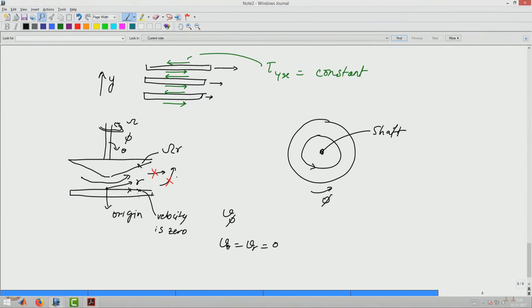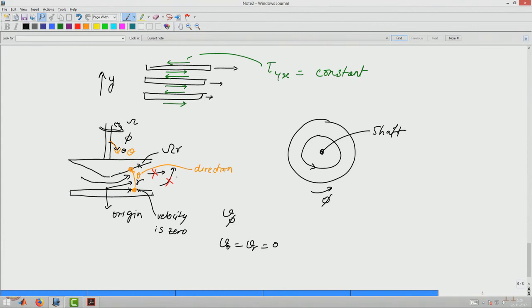And so, we can see that as you travel in theta, this is the direction of theta, clearly velocity goes from 0 at one point to omega r at another point. So, V phi will certainly be a function of theta.